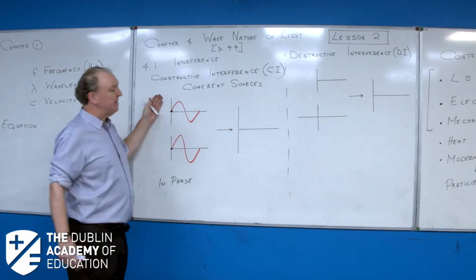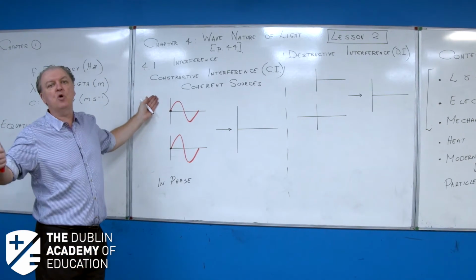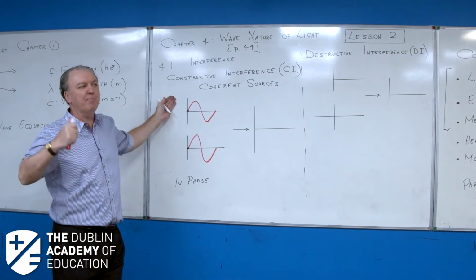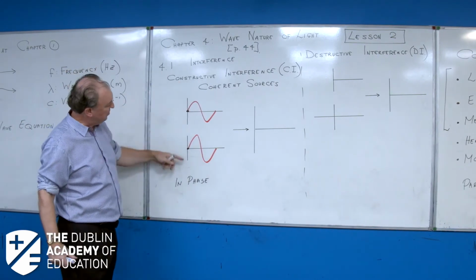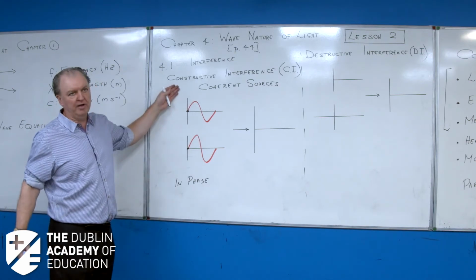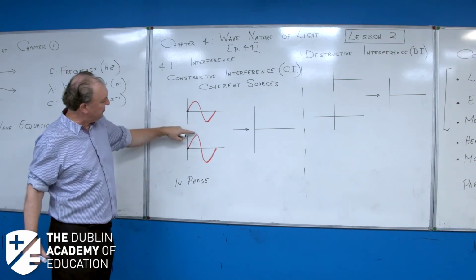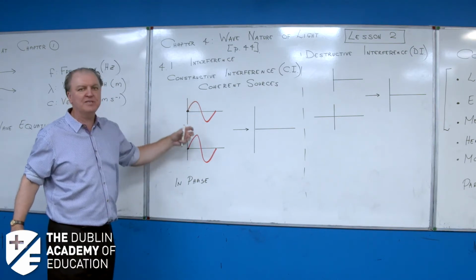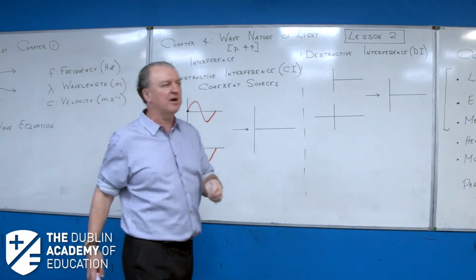Now, if you have waves that came from coherent sources, they are able to interfere. They're able to merge together. These two waves here will merge together in a stronger way, in a good way. You see the top of that wave, the crest, and the top of that wave, the crest? But when they come together, you will get a much higher crest.